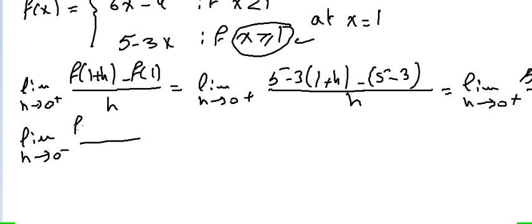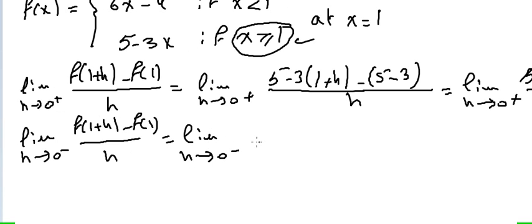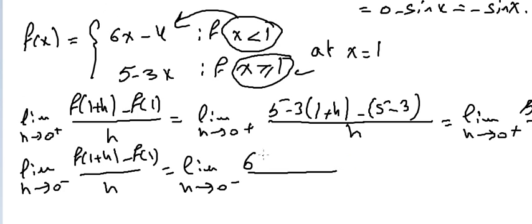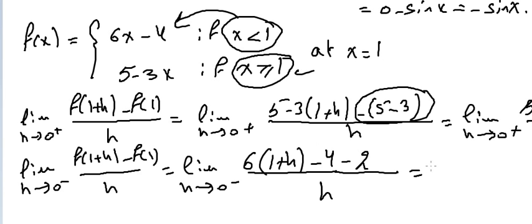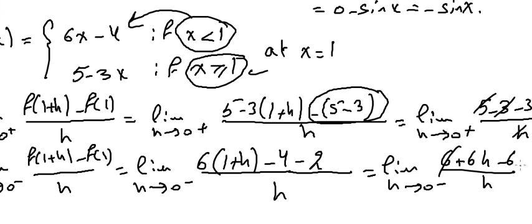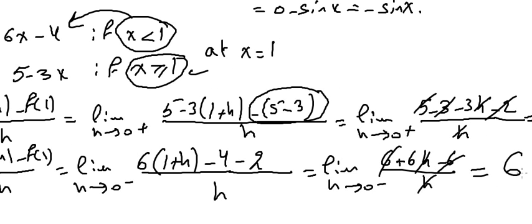The same, f of 1 plus h minus f of 1 over h, which is equal to the limit as h approaches 0 minus of, not this one, because h approaches 0 minus means x less than 1, so we have to take the other one, 6 times 1 plus h, instead of x, minus 4, and minus f of 1. f of 1 is the same one, which is 2, we found it over here, over h, which is equal to the limit as h approaches 0 minus of 6 plus 6h minus 6 over h. 6 minus 6, 0. h over h, we can simplify it, so the answer is 6.